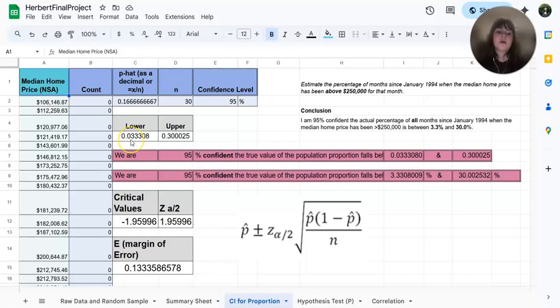After finding the upper and lower bounds, I concluded that I am 95% confident that the actual percentage of all months since January 1994, when the median home price was above $250,000, was between 3.3% and 30%.